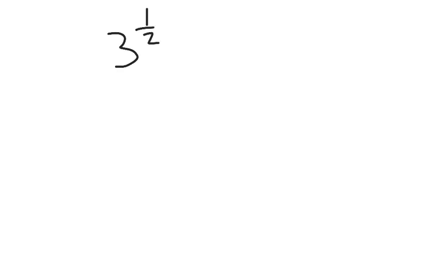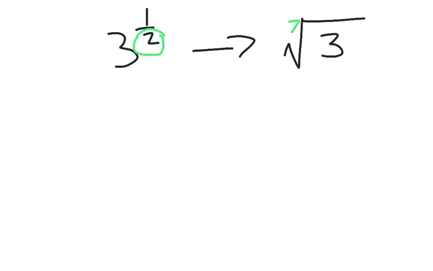So when I have 3 to the 1/2, what I really can do is rewrite this as a radical. The base stays inside. The number on the bottom of my radical is what I'm taking the root of.